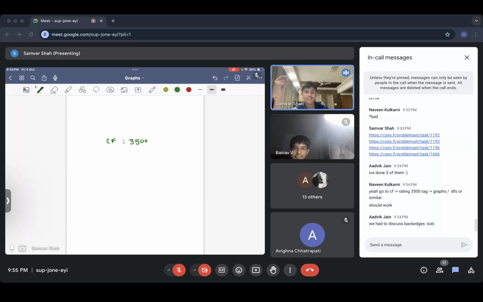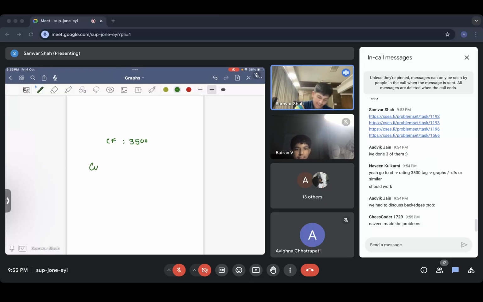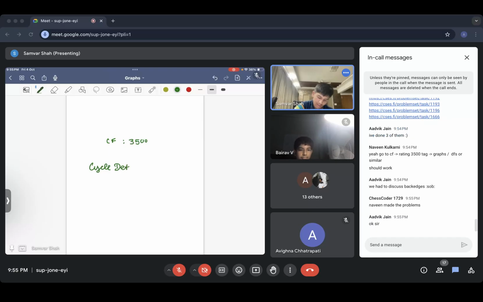Discussion of back edges, it's already 10, that's the problem, but I can send it as notes. So cycle detection for directed graphs, I can also add that. Sure, I will add that. I hope everyone enjoyed and understood graphs a bit better.